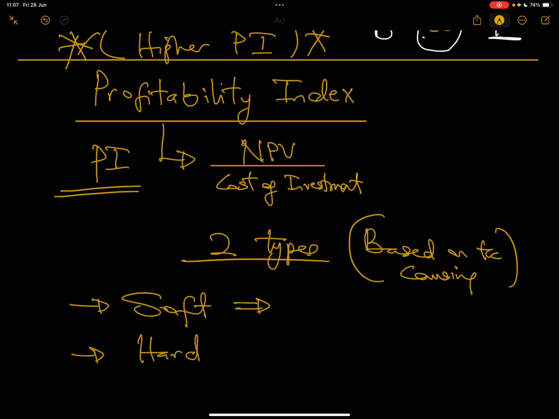Soft capital rationing is when the cost is an internal factor, which means it's either the management or the shareholder that is stopping us from spending money. We don't have money available because of internal decision. But the hard rationing means the cost is external. Usually the bank refuses to give us the fund.